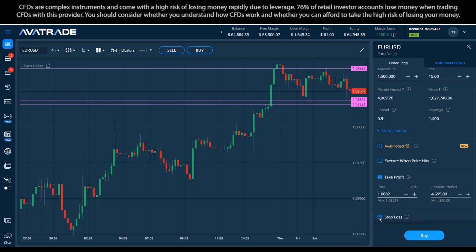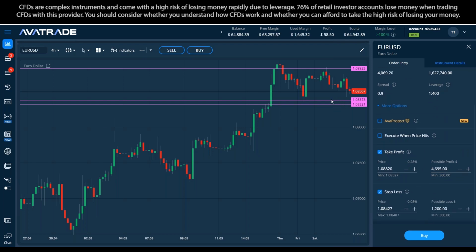Stop loss would be then just below the bottom of the range. So below this support at 108.32. And give or take a little, I'm putting my stop loss just a few pips below the support.